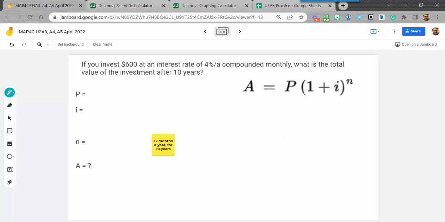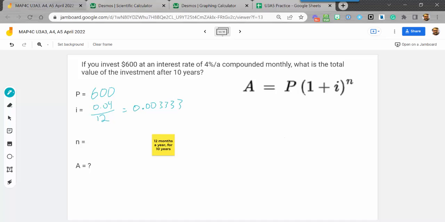P is the principal, 600. i is now going to be the interest rate as a decimal, 0.04 divided by the number of compounding periods, here 12. So that's a horrible decimal, 0.00333333. I'm going to hold most of that in my calculator in a minute.